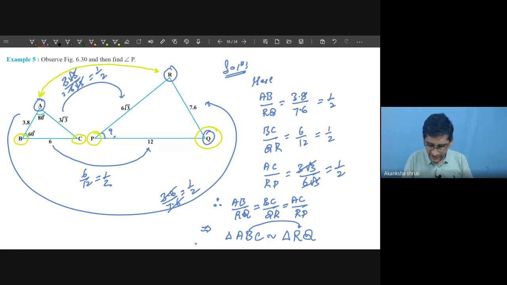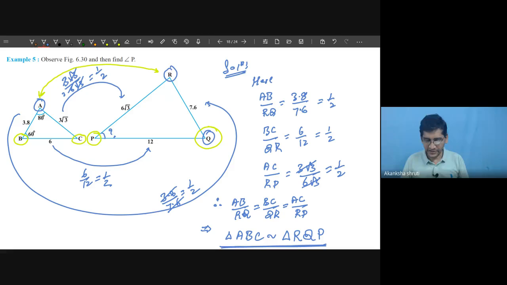The third one is C on the left hand side. The right hand side will be our P. Okay, student? So a student, by giving these ratios or these values, it may be asked that triangle ABC is similar to triangle PQR, or triangle ABC is similar to triangle QRP. The correct one is triangle ABC is similar to triangle RQP. So this order is very important. Okay? And how to identify order?